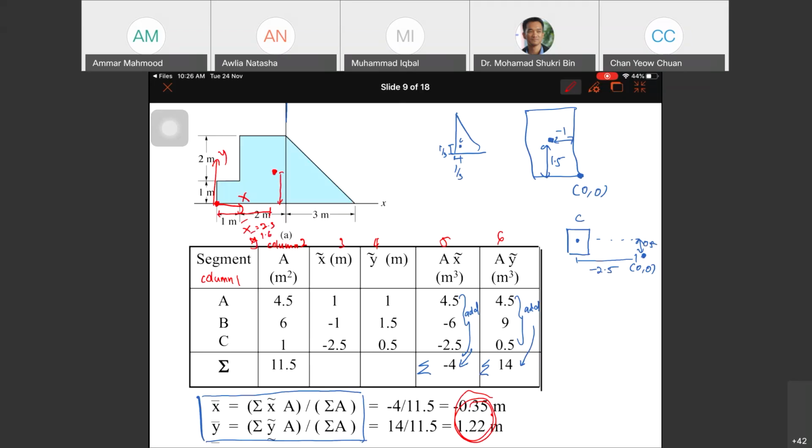If we know the value here is 0.35, measured from here you can minus: 3 minus 0.35, 2.65. Here is 2.65, and the distance here is the same. And Y bar is the same.